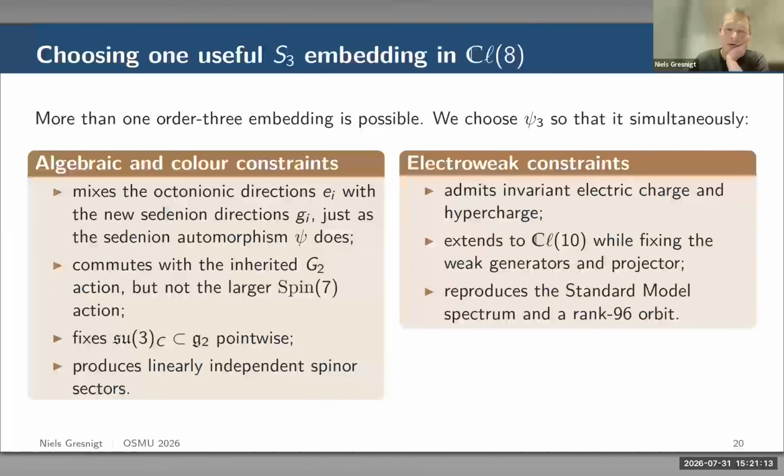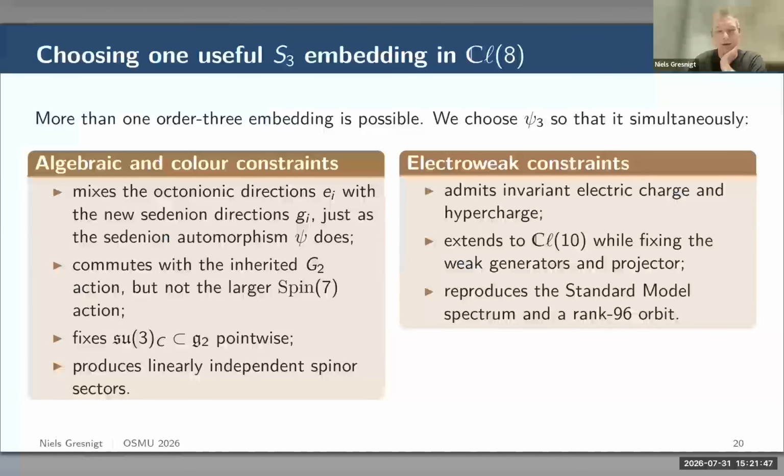So some of the conditions are that we want to make sure that the order 3 symmetry, psi3 in particular, mixes the octonion directions, so that's E1 to E7, together with the new sedenion directions, which are the G1 to G7. And we want to make sure also that this S3 symmetry is going to commute with the G2 action, but not with the larger spin 7 action.